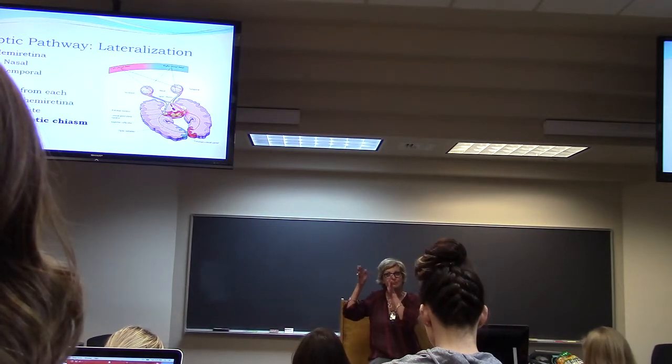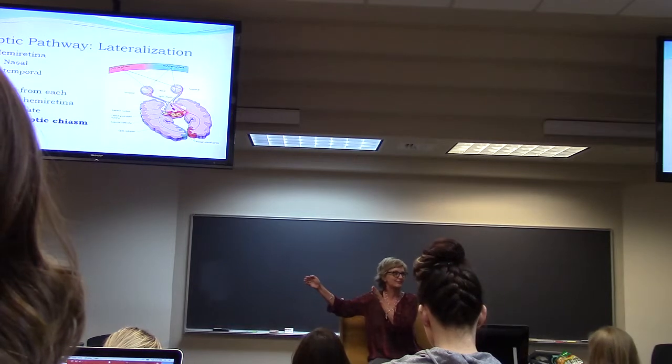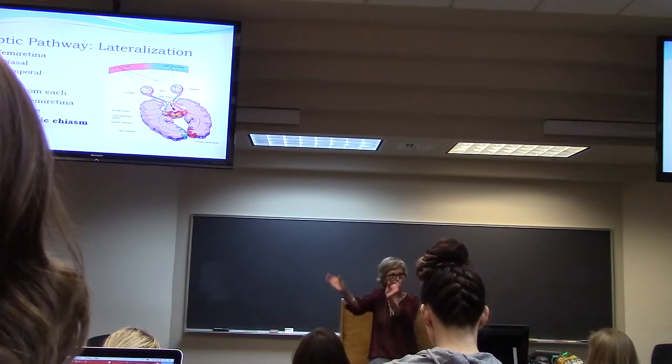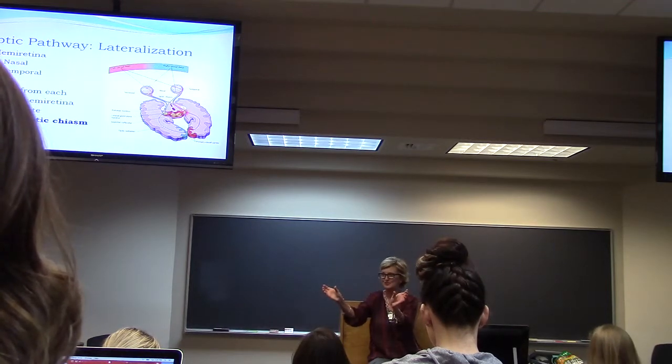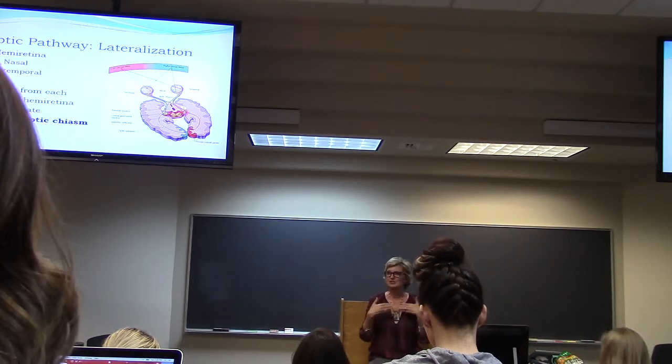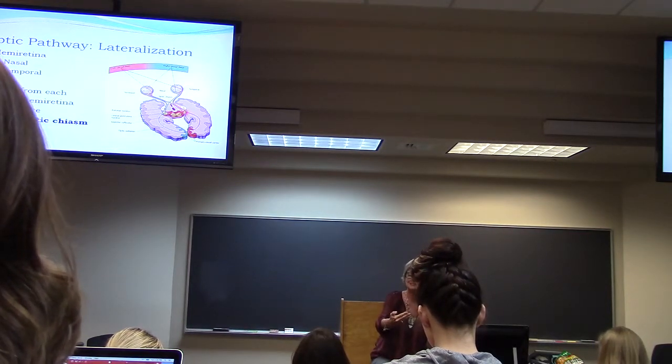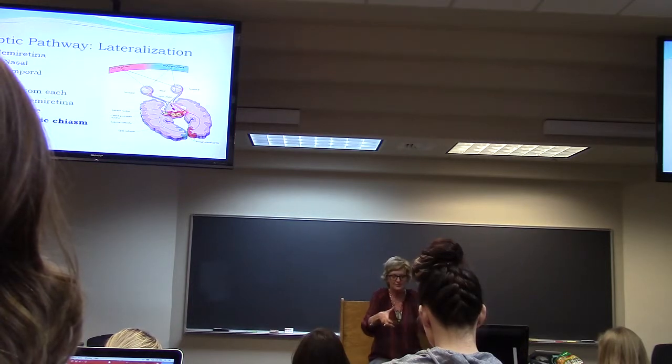However, you get some funky chunks cut out of vision, because people would lose both nasal vision on one side and temporal vision on the other side. And there's just a lot of things that physical therapists really are the ones spending time teaching people how to deal with this deficit. But I don't know, maybe you've seen these things where they turn the plate around so they can see the other half.